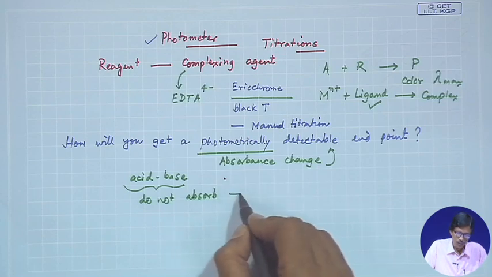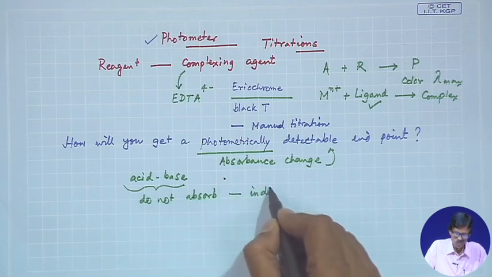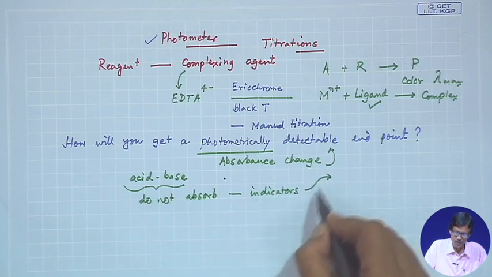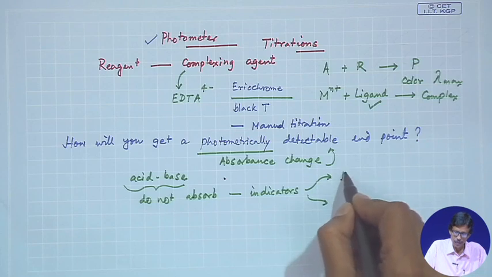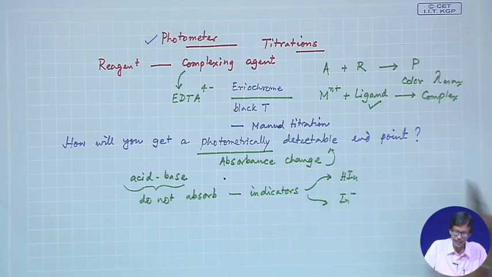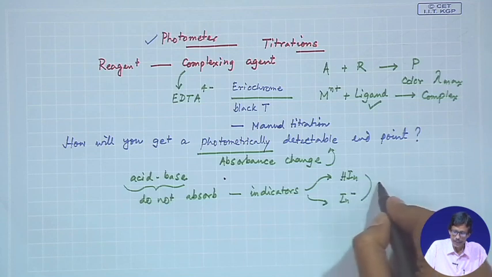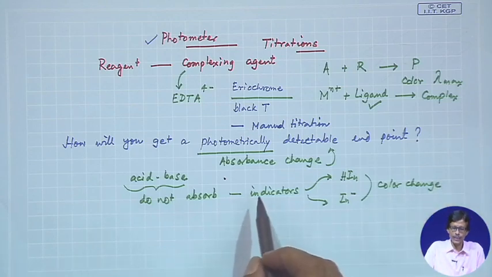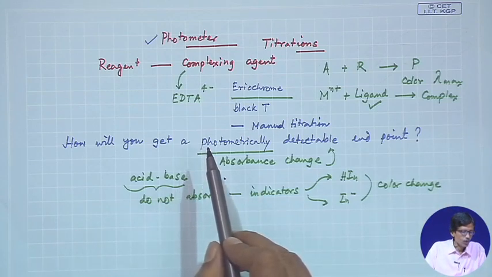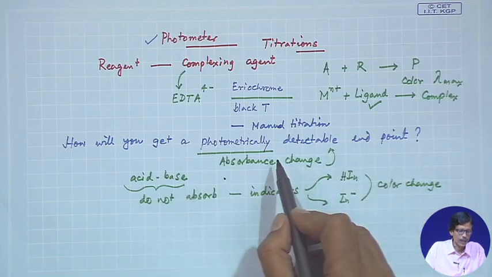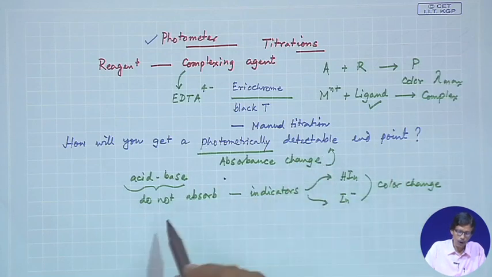So, we introduce indicators. Indicators have two forms, HIn and In minus, and there will be a sudden color change. We can monitor that also by doing the photometric titration. So, we can detect the endpoint, which can be your photometric endpoint.